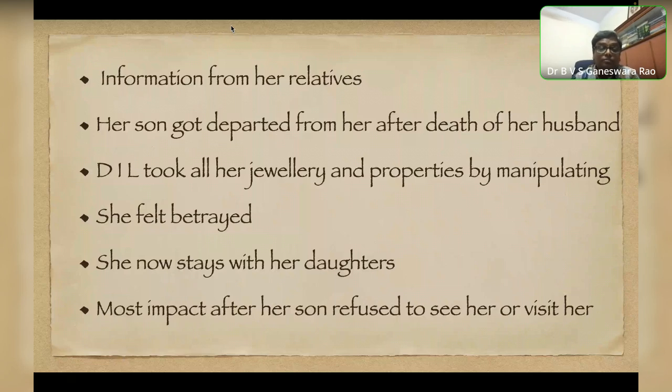So this had the deepest impact upon her. But she never told even her daughters. She just kept mourning. Several times they tried to contact her son to visit her, but he refused.